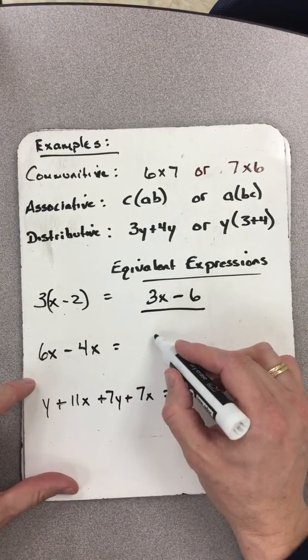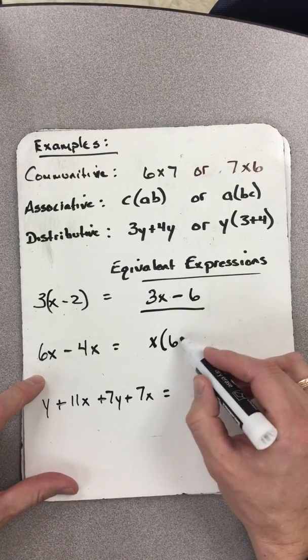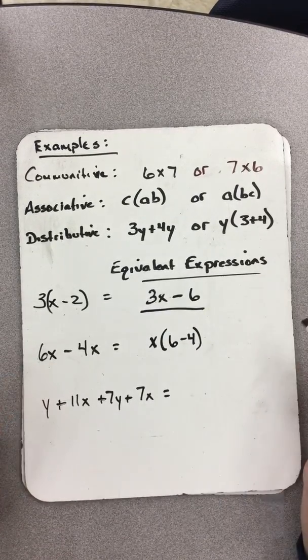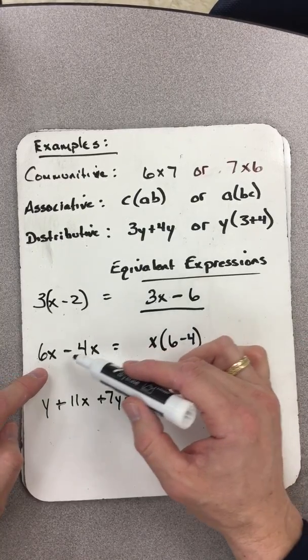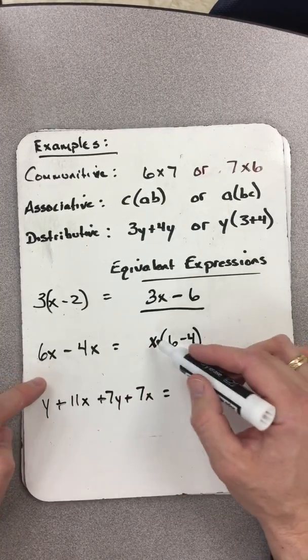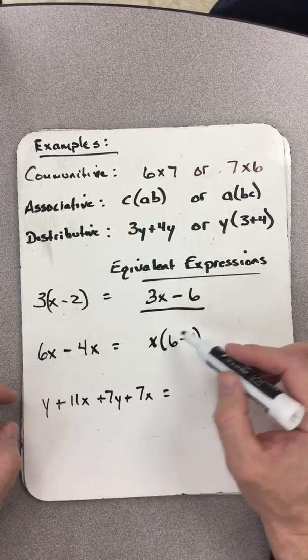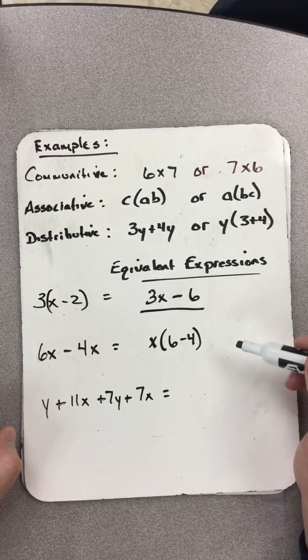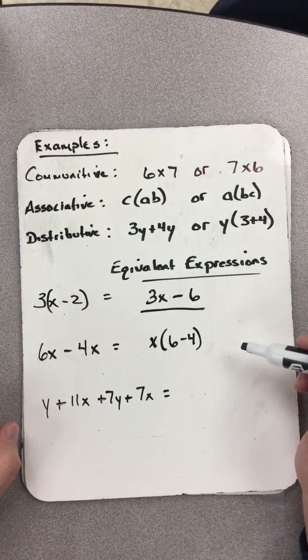The way I do that is I'll pull x out, put it on the outside, make it a multiplication, and I'll leave 6 minus 4 inside the parentheses. So essentially, this means the same thing as 6x minus 4x, because I just pulled the term of x out of the two coefficients and put it on the outside. I could still distribute it and get the same answer here, okay?